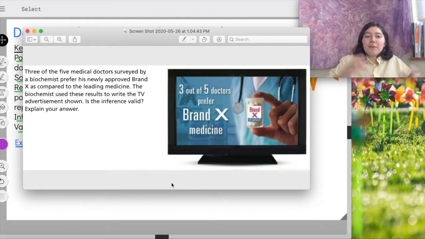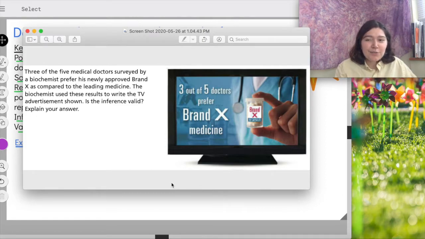Think about how many medical doctors there are in the world. You can't just ask 5 doctors, get an answer from 3 of them, and then say that means for all doctors in the world, 3 out of 5 prefer brand X. No, it's just of those specific 5, only 3 of them did. We have no idea if he randomly sampled to get these 5 doctors, but probably not.